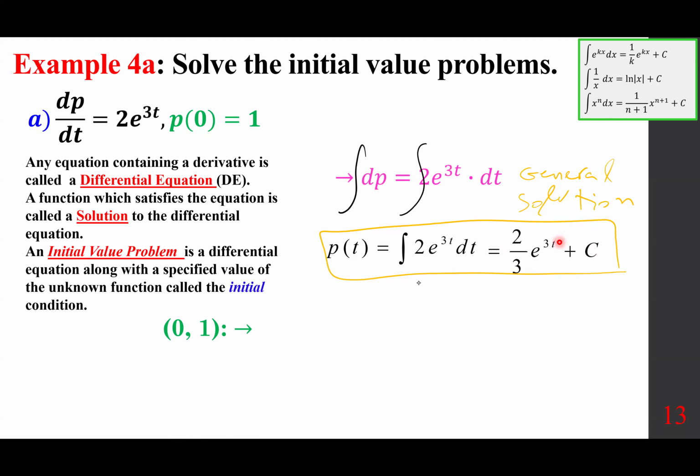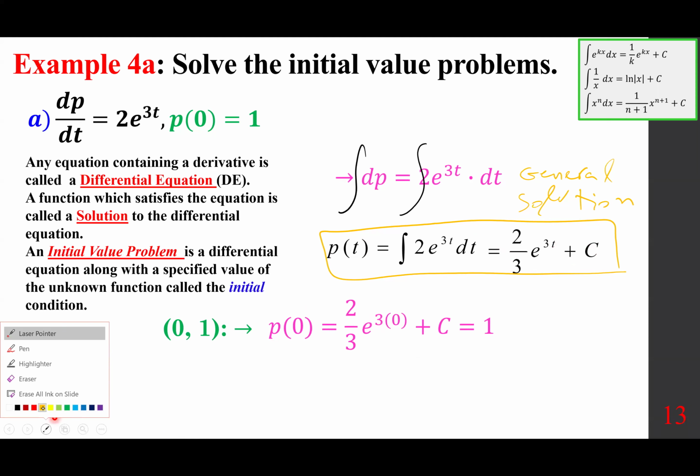So let's replace the t with 0, P of t with 1. As you know, this is 0. e to the power of 0 is 1. So 2/3 plus what number is 1? 1/3.